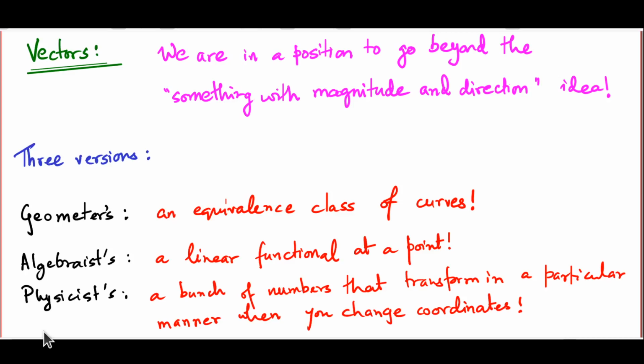The algebraic version looks and sounds very different, but actually is very similar. It's a linear functional at a given point, that is, something which eats up functions and returns numbers in a linear fashion. The physicist's version looks again very different. It talks about a bunch of numbers, say n numbers in an n-dimensional manifold, that transform in a particular manner when you change coordinates.